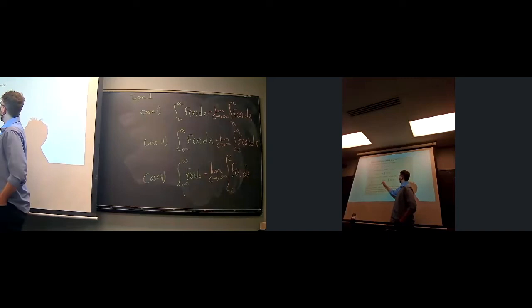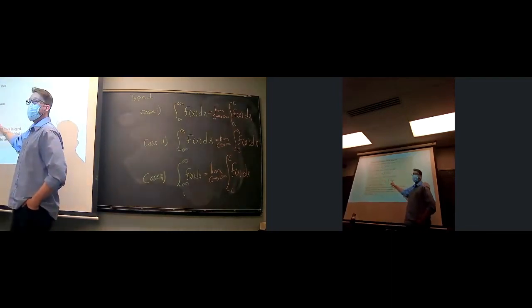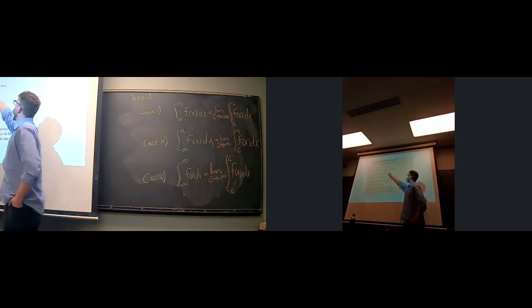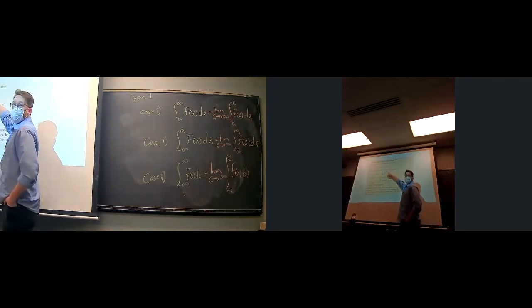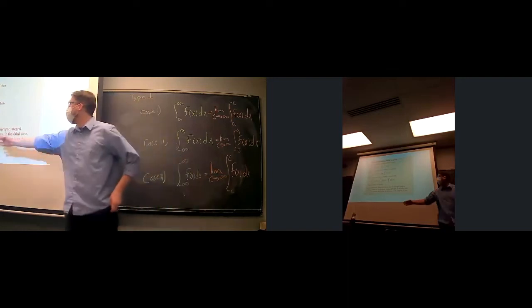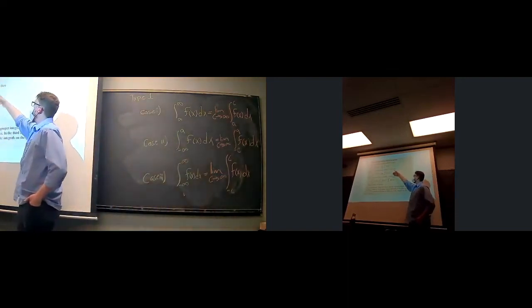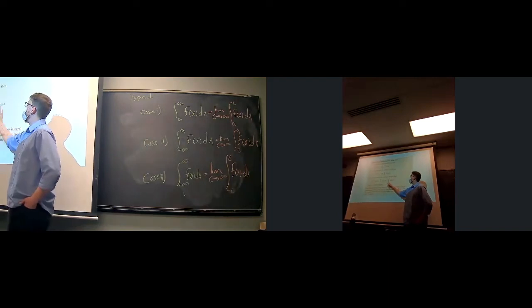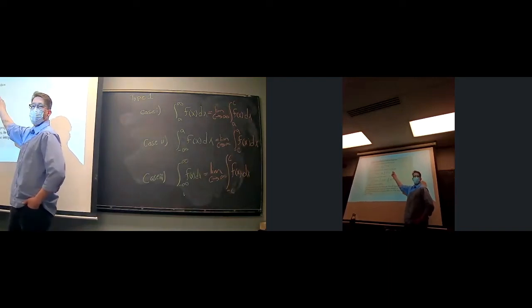The point here is just to notice that you can break up this integral from negative infinity to infinity into two subintegrals and treat those two subintegrals as the first two cases. But if we're going to do that, then it reduces to this here, right? Because once we treat them according to this, they're both going to have a shared limit, so we can bring them under one integral.